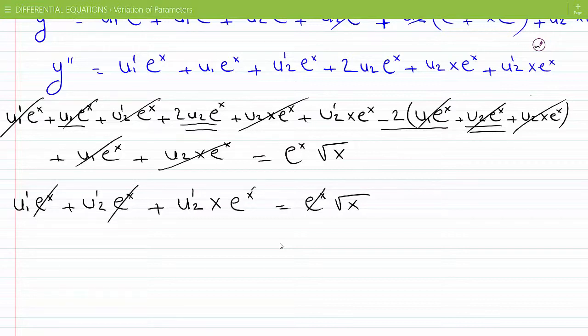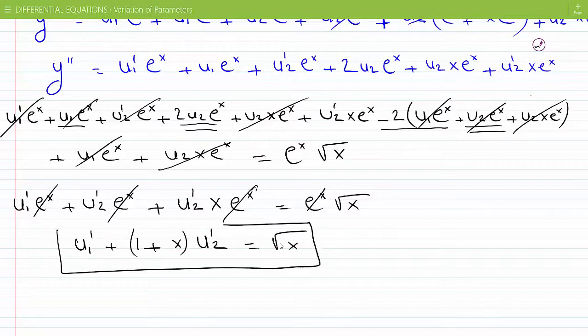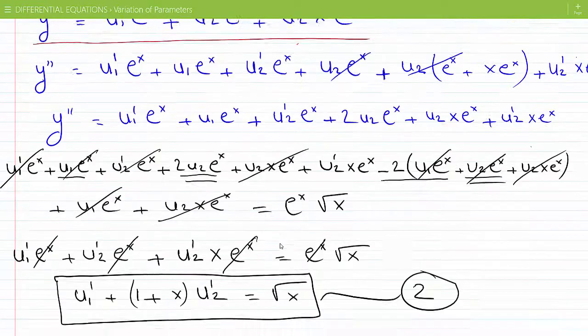We get u prime 1 plus, I will factor 1 plus x from these two, u prime 2 equals root x. So this here is my second equation, equation number 2 that I'm trying to get.